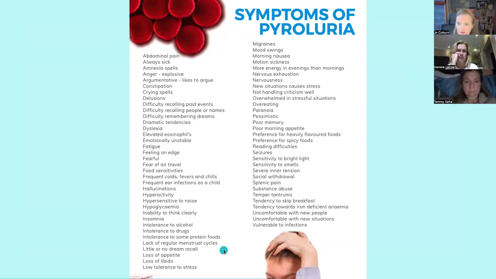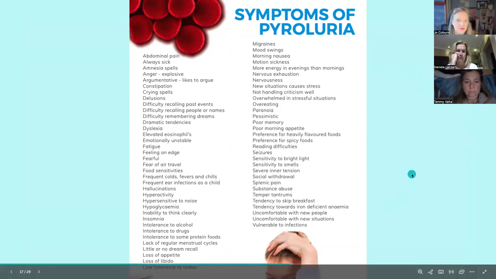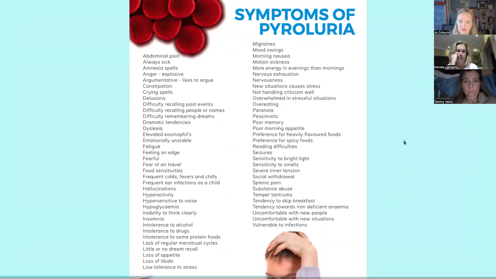how many of these are just the regular symptoms that most of our clients have? You know, constipation, all the difficulty recalling events and remembering things and remembering dreams. How many of your clients have learning disabilities, dyslexia, fatigue, right?